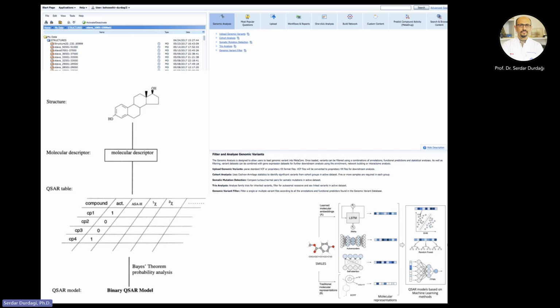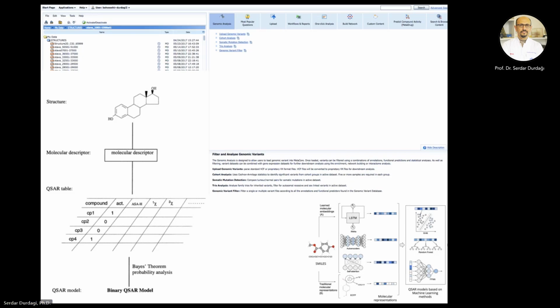At the first workshop, we learned about QSAR, the quantitative structure-activity relationship, where we use mathematical correlation and build a mathematical model to represent the structure-activity relationship in a quantitative way.